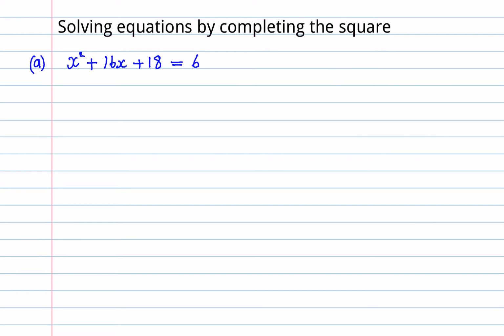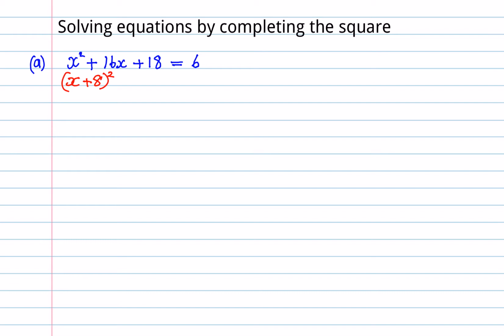Now you can also solve any quadratic equation using the completing the square technique. So let's have a look at this question. Solve the equations by completing the square. We have x squared plus 16x plus 18 is equal to 6. Again, we'll complete the square for the x squared plus 16x, and that will give us x plus 8, to the power of 2.